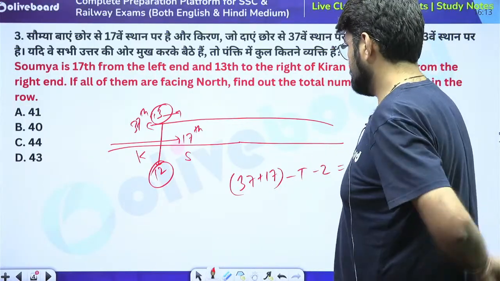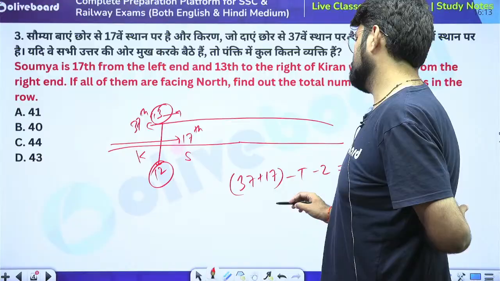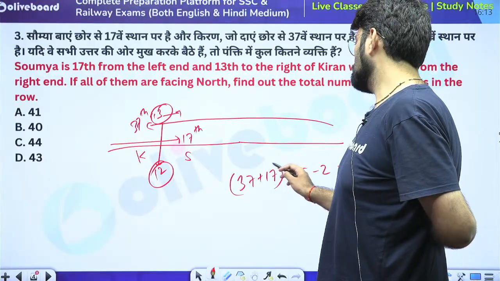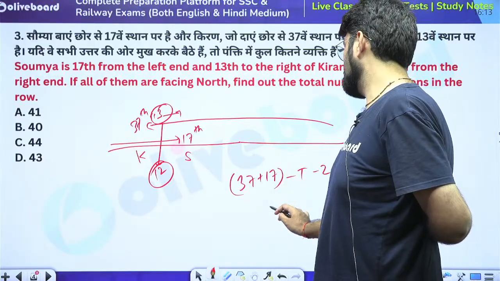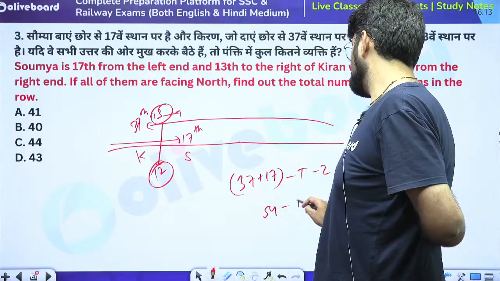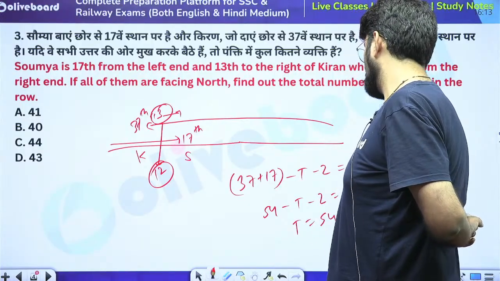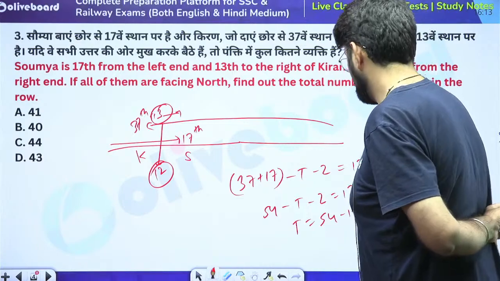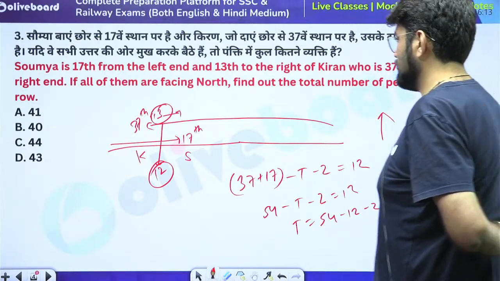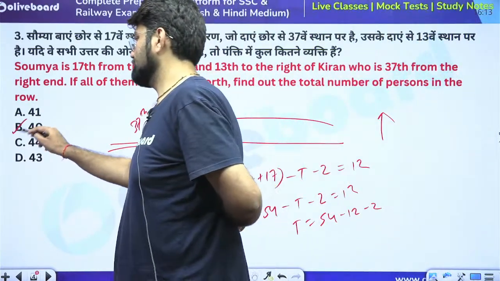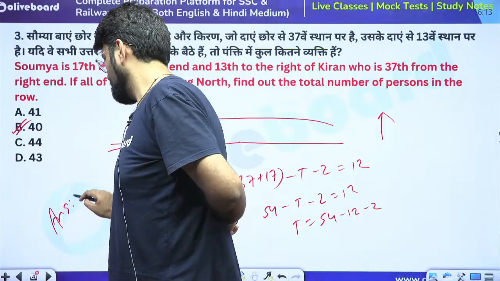Let's try it out if we are going correct or not. So this is 54 minus t minus 2 is equal to 12. So t is equal to 54 minus 12 minus 2, which is 54 minus 14, which is 40. Option B is the right answer.